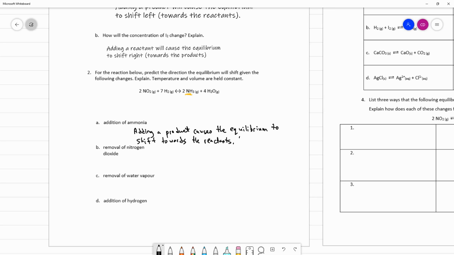So that could also be called a left shift. It increases the rate of the reverse direction. So increased rate of reverse reaction.